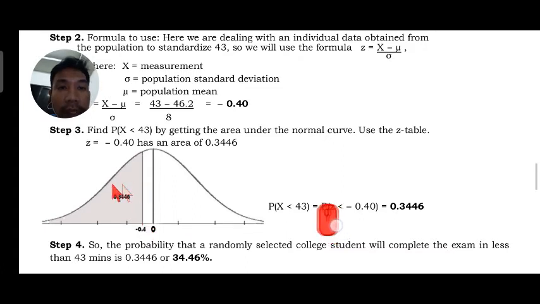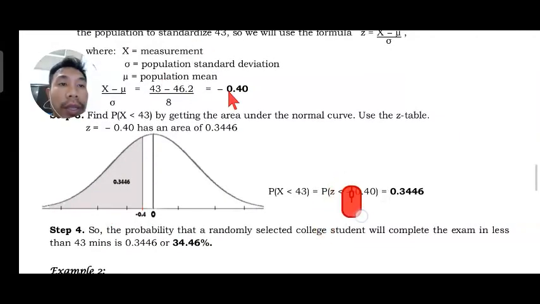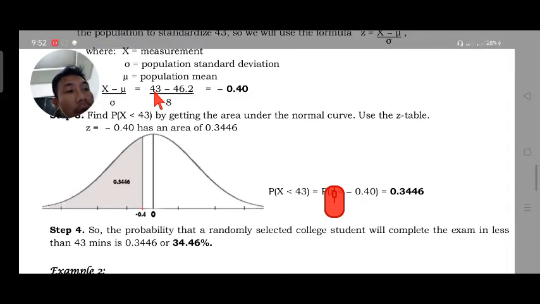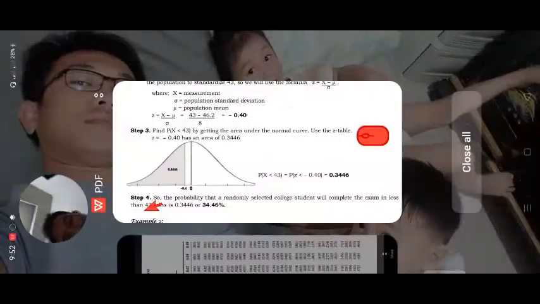So let us find the area of the shaded region because this one here is our area of the z-score, which is negative 0.40. So we'll use the z table. Okay, gamitin natin ang ating z table. Andito yon. Okay, ito yon. Negative 0.40.